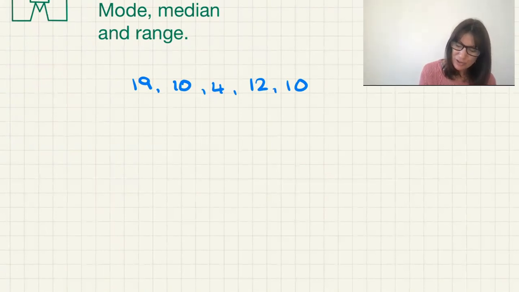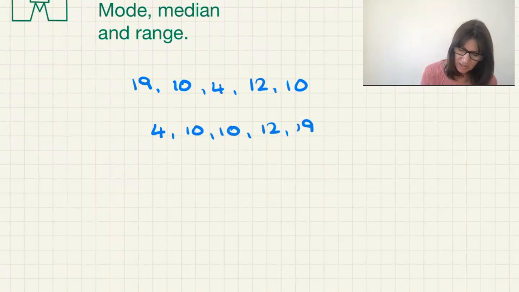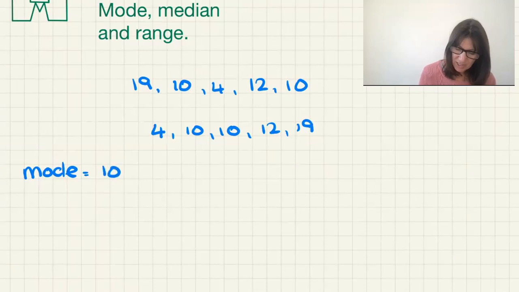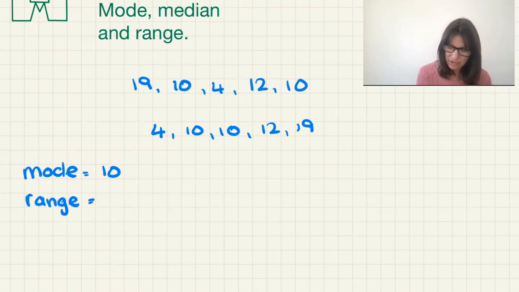Okay, so we should have put these in order. We've got 4, 10, 10, 12, and 19. So the mode is 10. They're side by side. They stand out as the most common number in that list. I'm going to do the range next, just so I have not already crossed the numbers off and they're easy for me to see. So I've got 19 and 4.